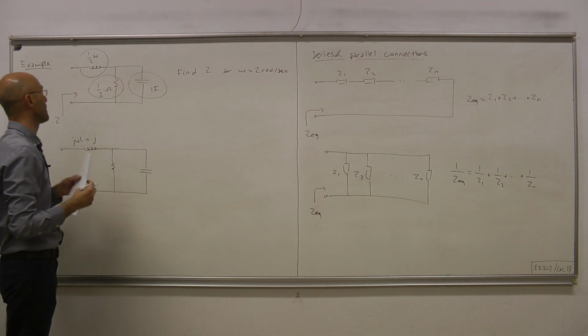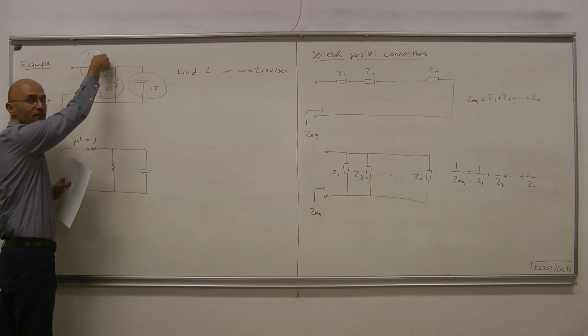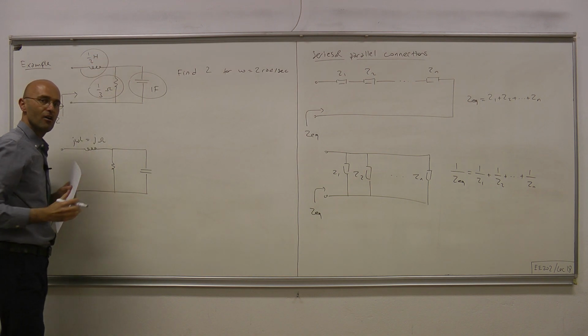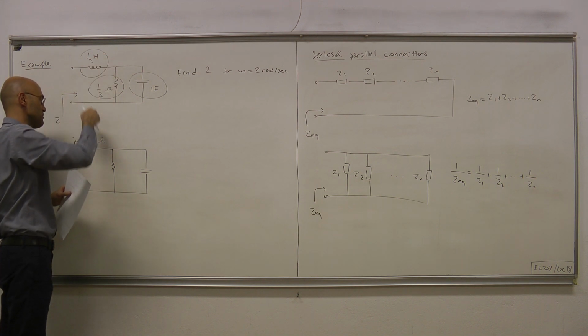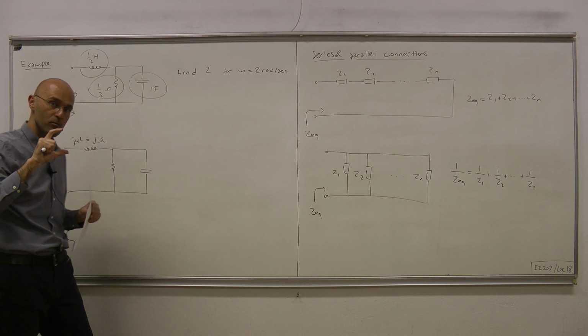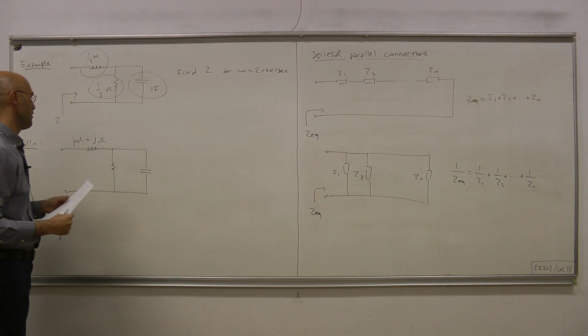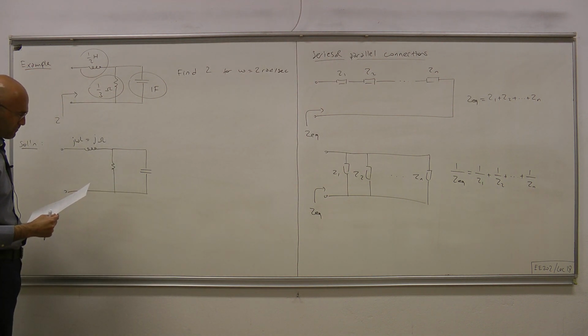Now the remarkable thing here is this Henry becomes ohms. In other words, the differential equation becomes an algebraic equation from the voltage-current point of view. That's the remarkable thing about working with phasors.